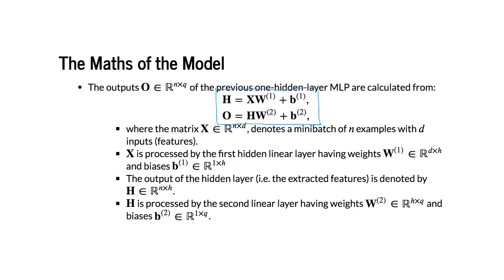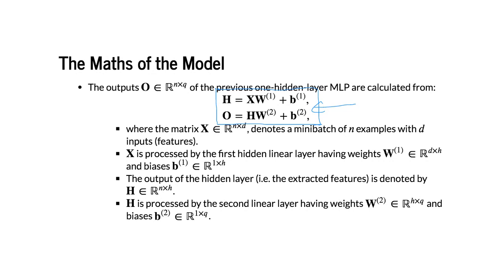We have this 2-layer MLP described by these two equations, right? So is there a problem with this model?